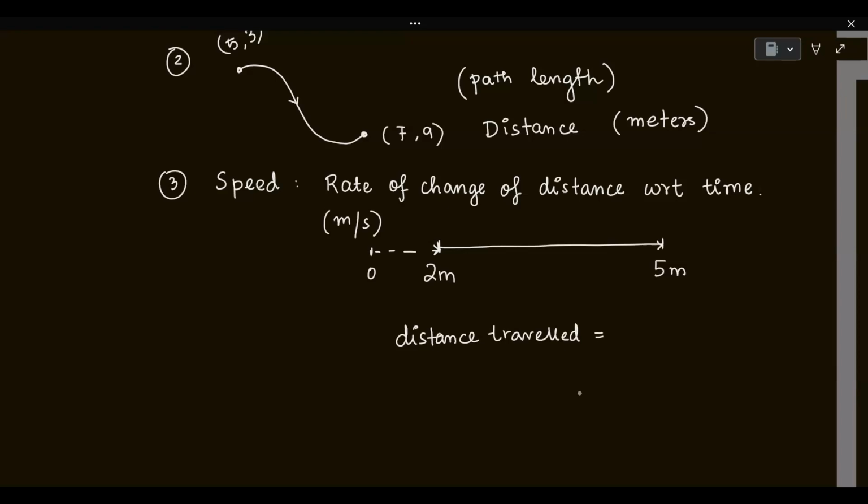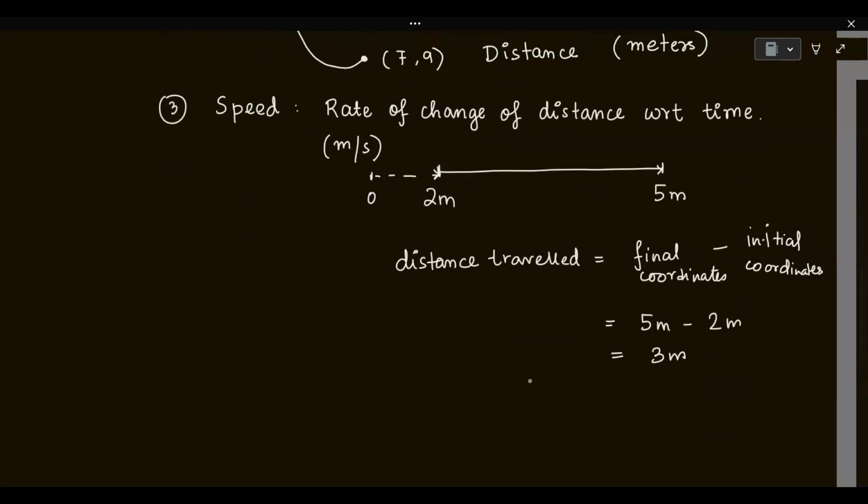Final position minus initial position. It's 5 minus 2. That's final coordinates minus initial coordinates. There is no divided by, that's just final coordinates minus initial coordinates. So that's 5 meters minus 2 meters, which gives me 3 meters worth of distance traveled.